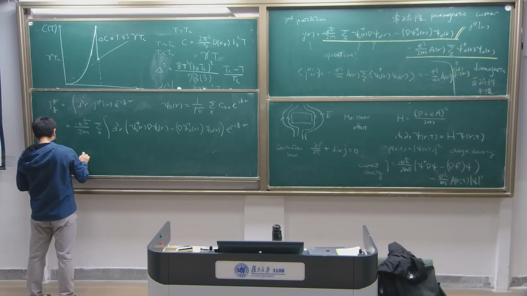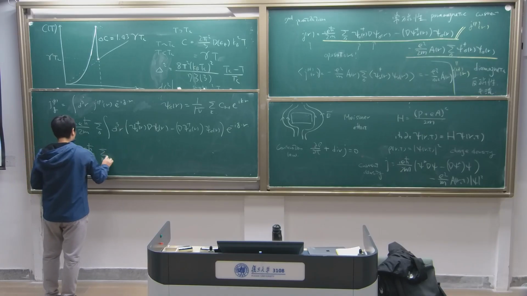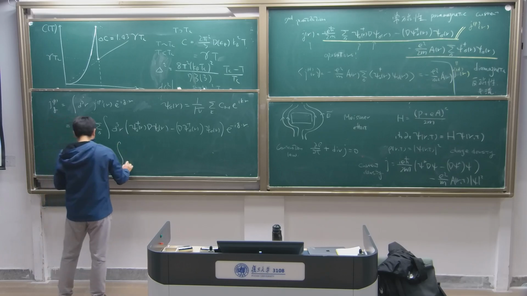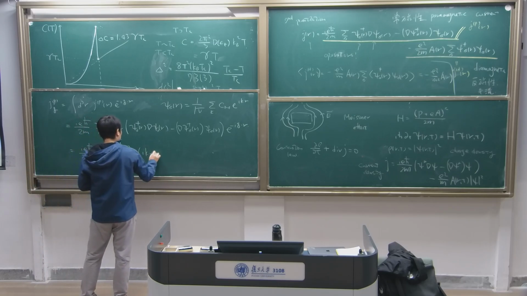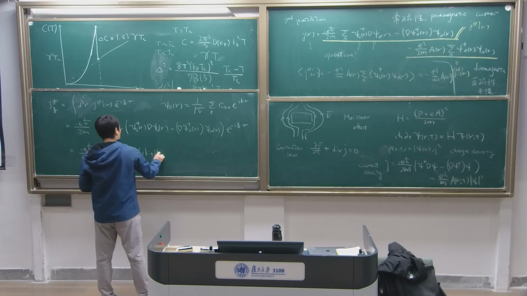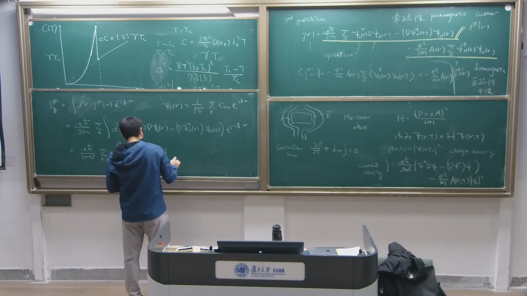What you get is that the h bar and B, and this one is sigma, e to the i q r, again.